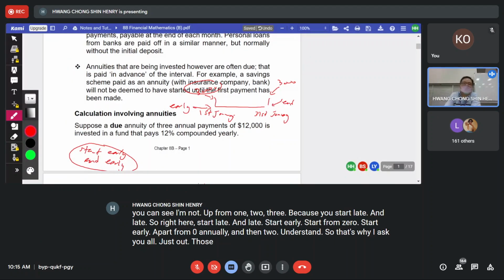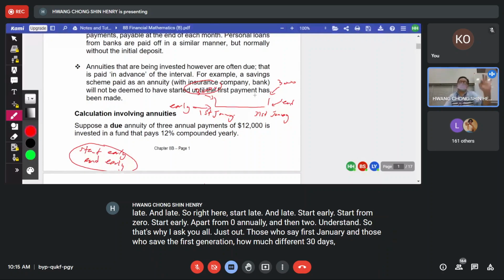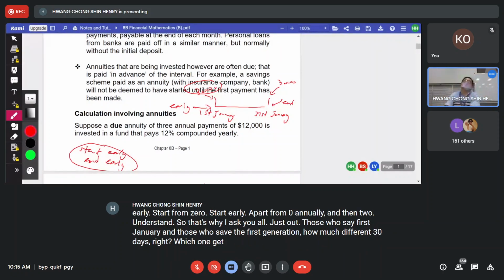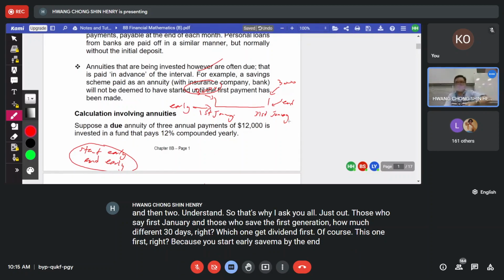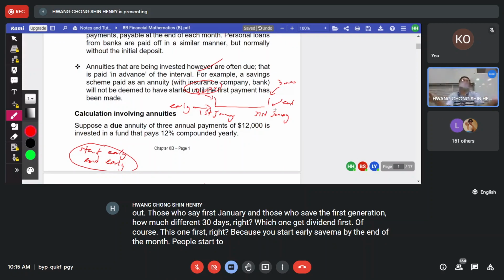So that's why I asked you all just now: those who save on 1st January and those who save on 31st January, how much different? 30 days, right? Which one gets dividend first? Of course, this one first, right? Because you start saving early, by the end of the month, when other people start to save, you already get dividend. Understand?